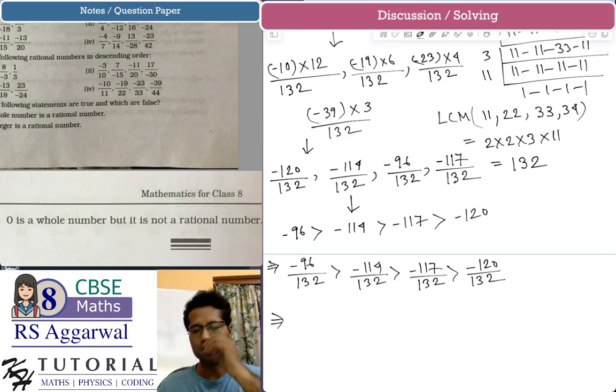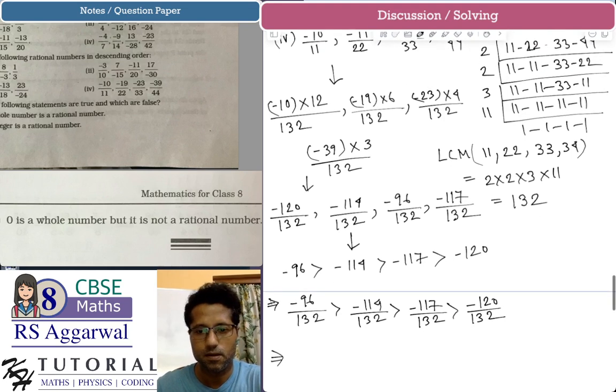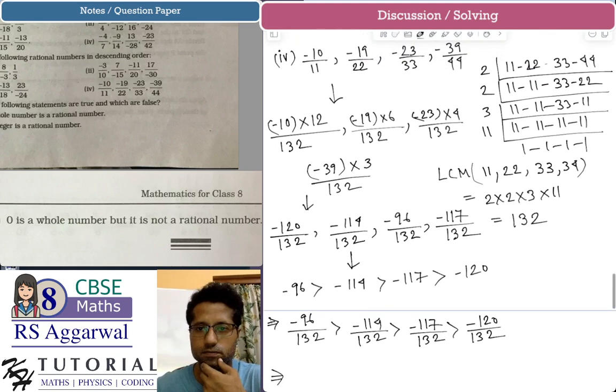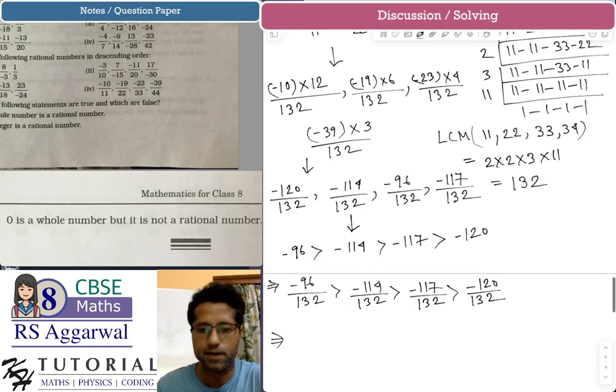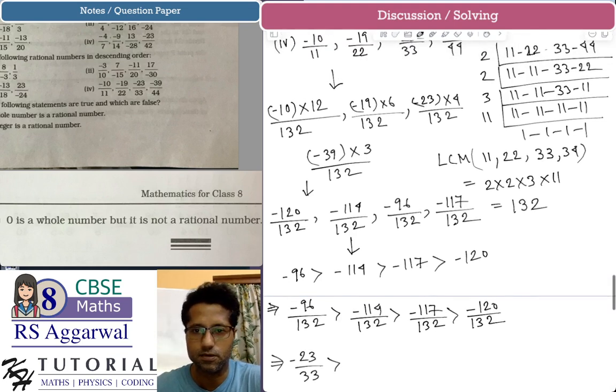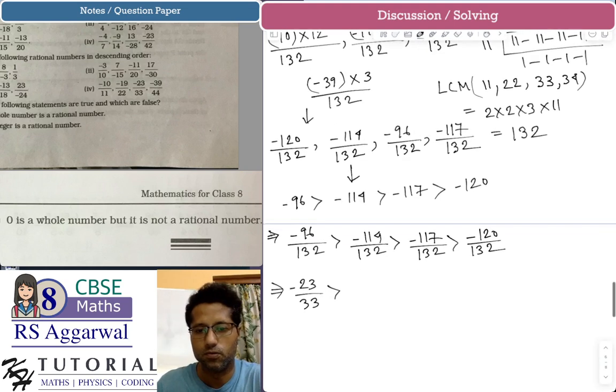So the ordering of the original rational numbers in descending order becomes minus 96 by 132, the original rational number was minus 23 by 33. Minus 114 by 132, the original rational number was minus 19 by 22.